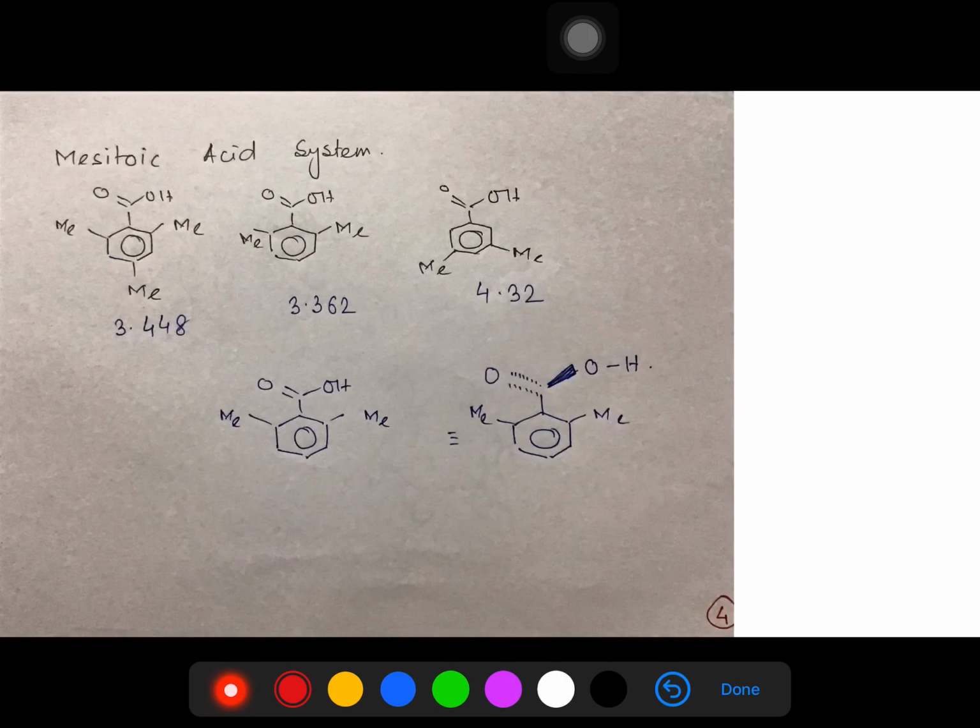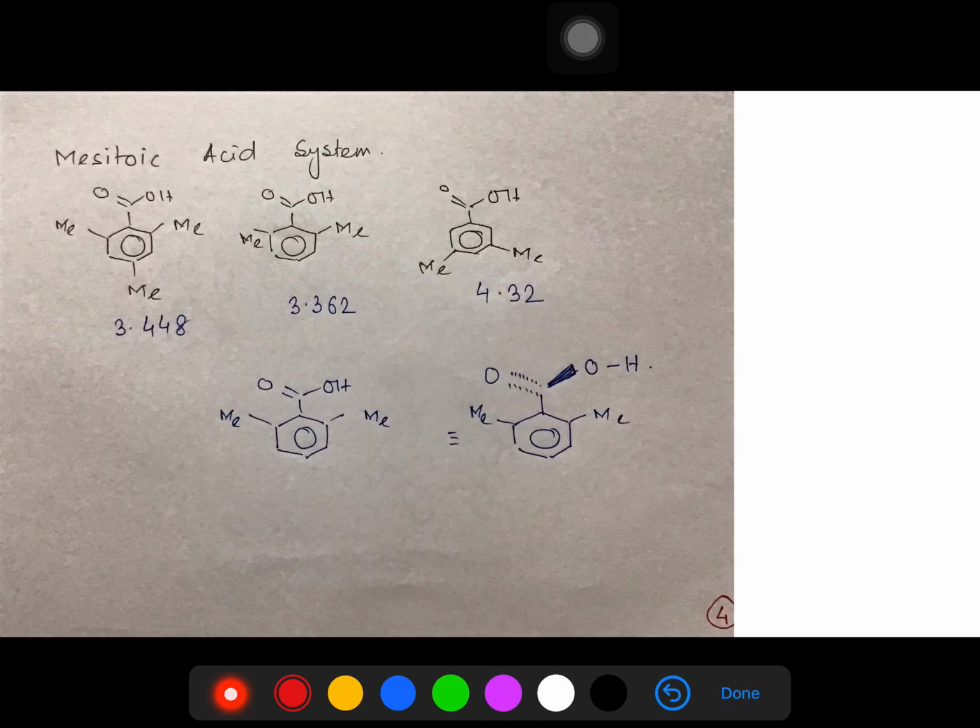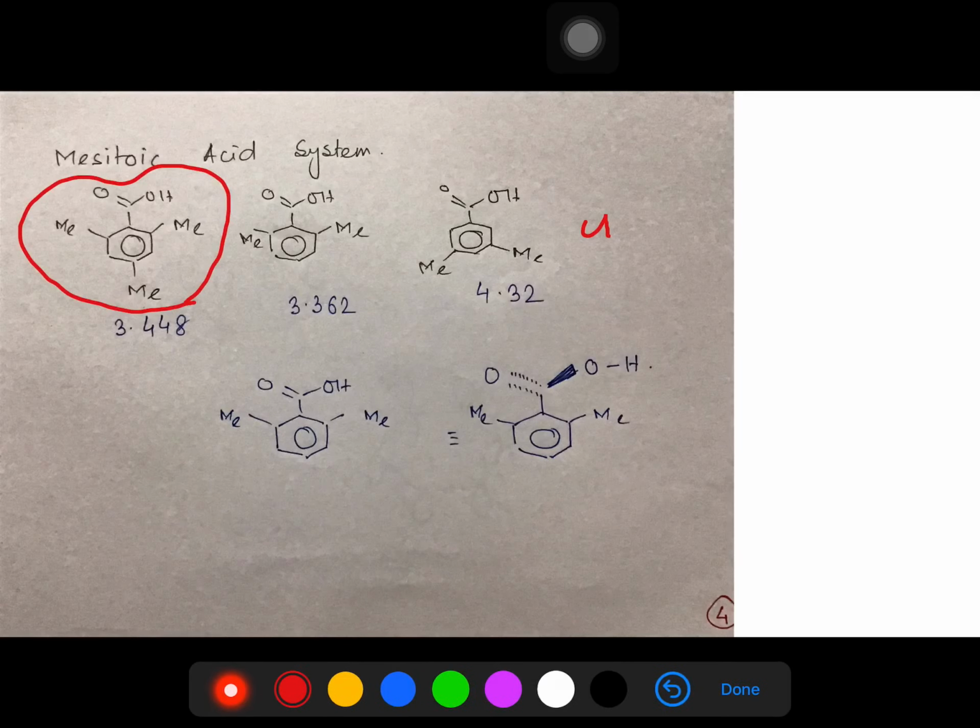Now see, actually before going to details, let me tell you this system is actually a mesitoic acid system. Okay, I forgot to mention the acetic acid part, that is this. This has a pKa around 4.74. So now question is, what is the difference?